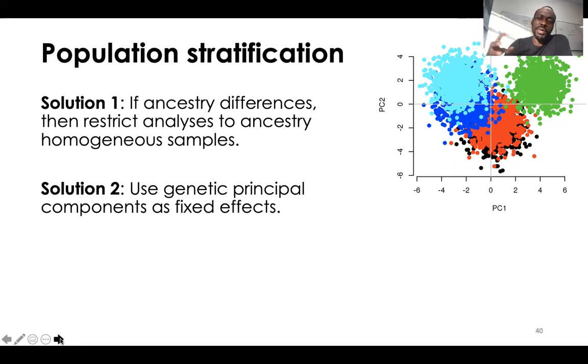But if we're talking about continental differences, where those differences are actually super large, the safest solution is to restrict your analysis to homogeneous samples in terms of ancestry.